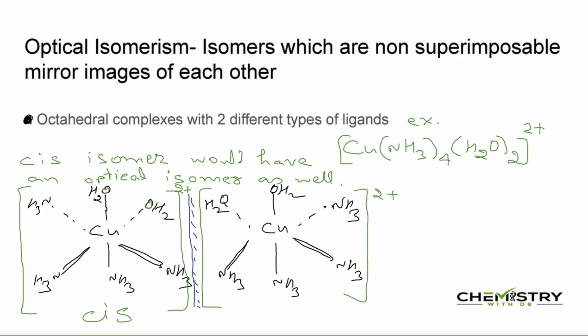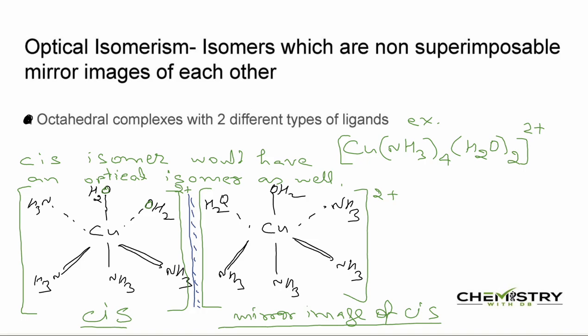The mirror image of the cis isomer gives rise to an optical isomer of this cis. Got it? So that is the optical isomerism happening.